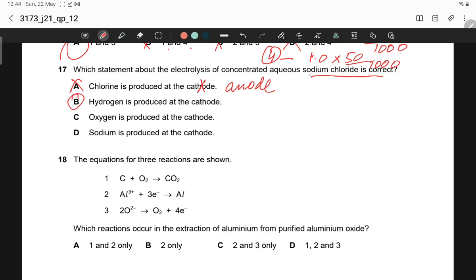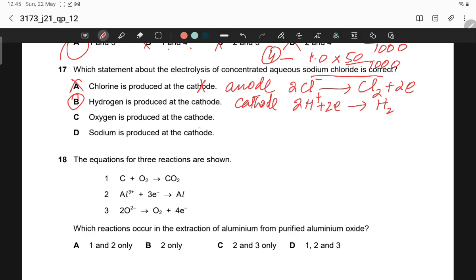This must be correct because at anode, 2Cl negative forms Cl2 plus 2 electron. At cathode, 2 hydrogen ions gain 2 electron to form hydrogen gas. So hydrogen gas is the product of cathode, so this must be correct.